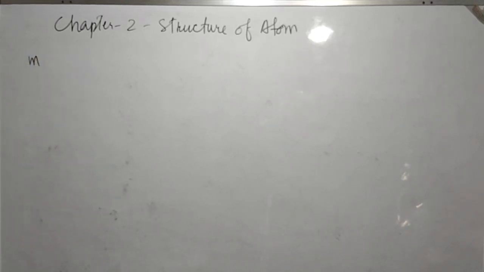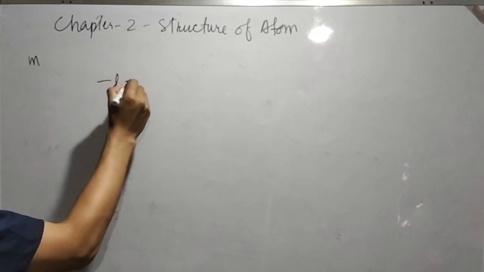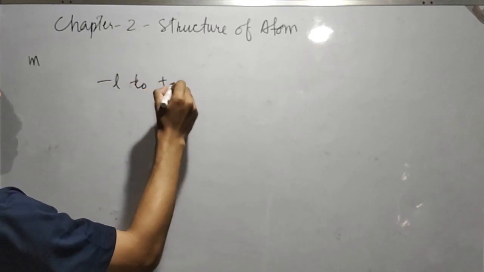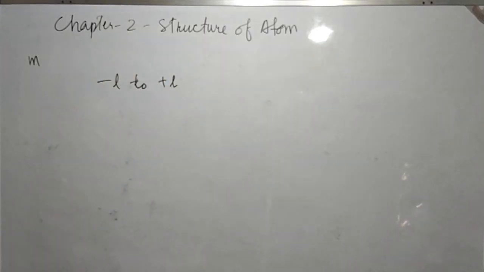This will give you the information about, or it determines, the orientation of the orbitals in space. The magnetic quantum number can have all integral values from minus L to plus L, including 0.